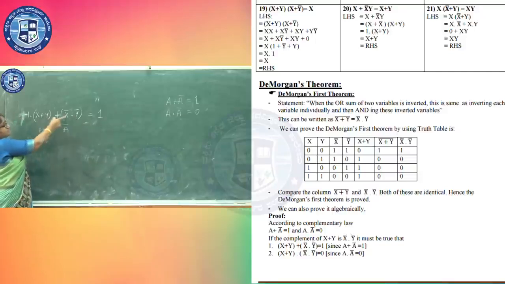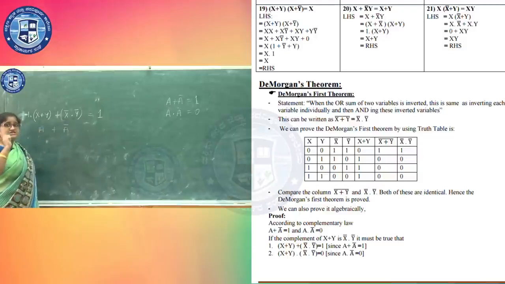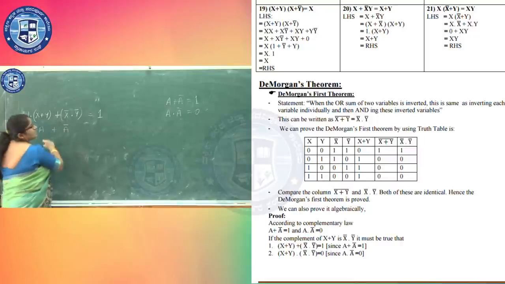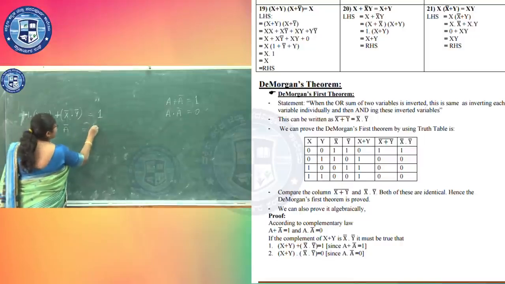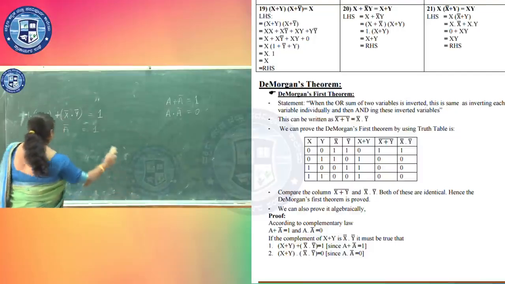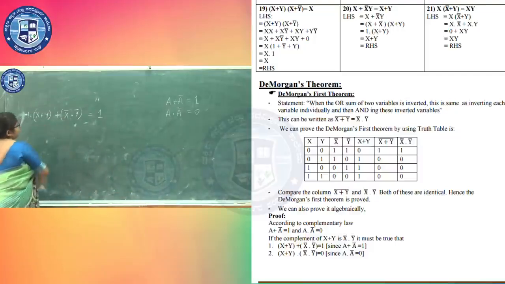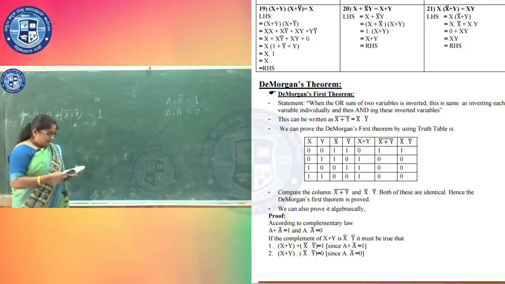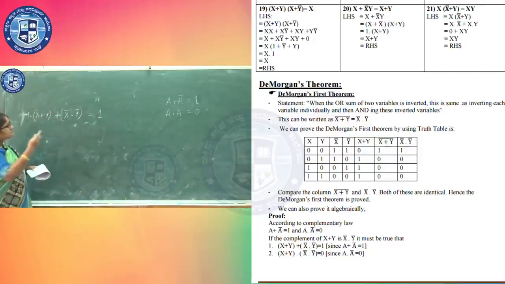So x plus y's complement is x dash dot y dash, that is nothing but a plus a dash. A plus a dash will always be equivalent to 1.